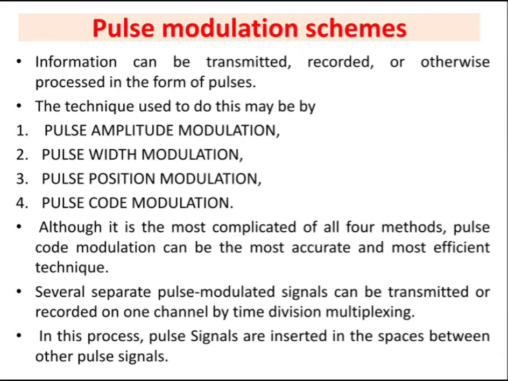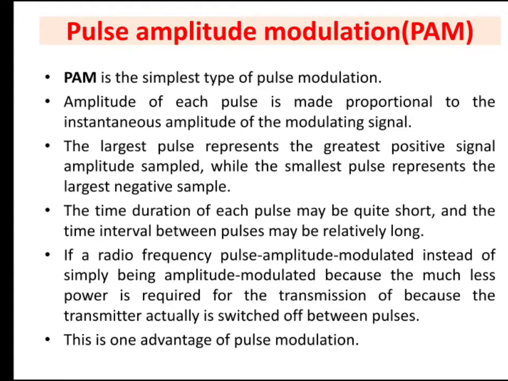The first one is pulse amplitude modulation, which is PAM. The PAM is the simplest type of pulse modulation. Here the amplitude of each pulse is made proportional to the instantaneous amplitude of the modulating signal.